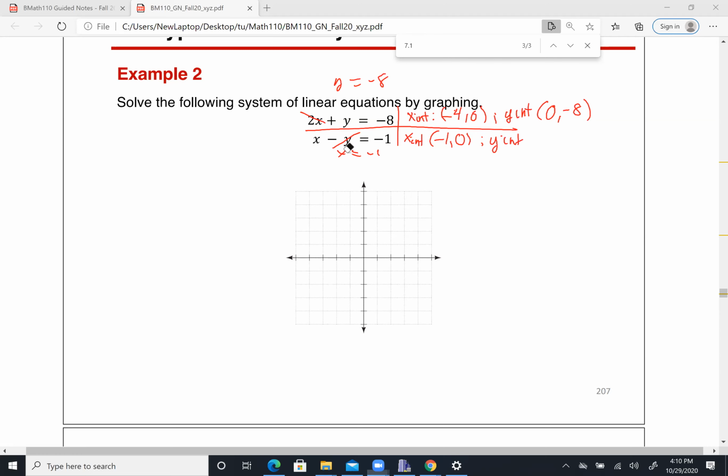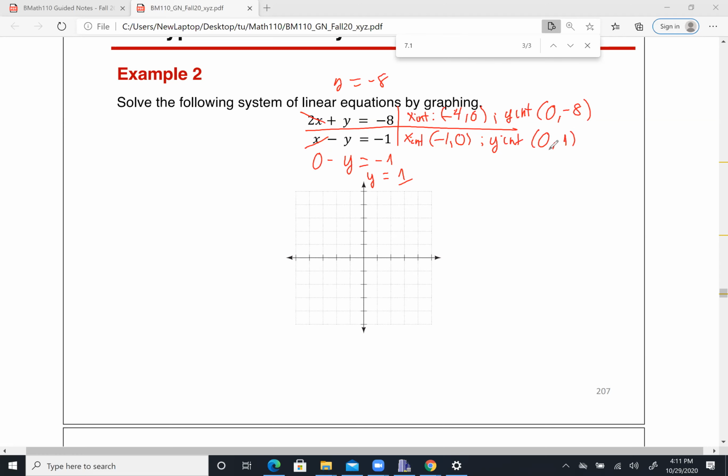It's just gonna come back with the original equation and put 0 for x, and then you have 0 minus y equals -1. So then you have y equals 1 if you multiply by -1 both sides, right? So you're gonna have (0, 1) for the y-intercept.